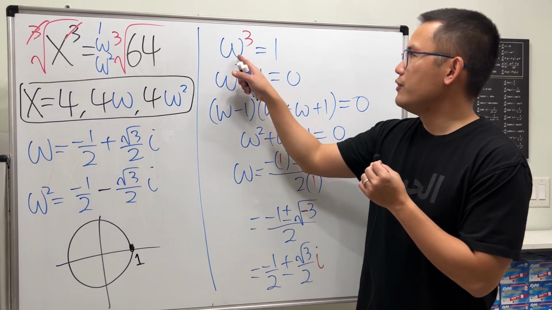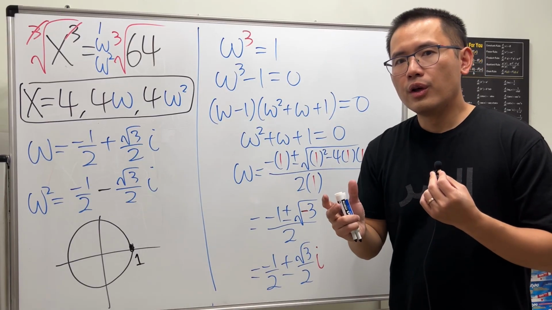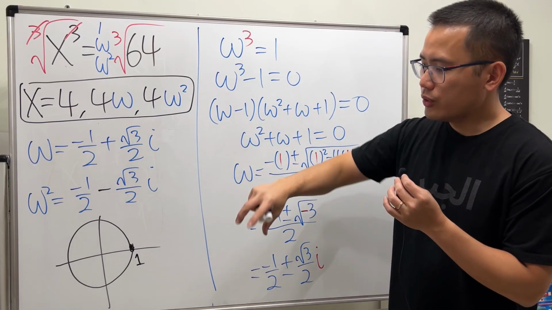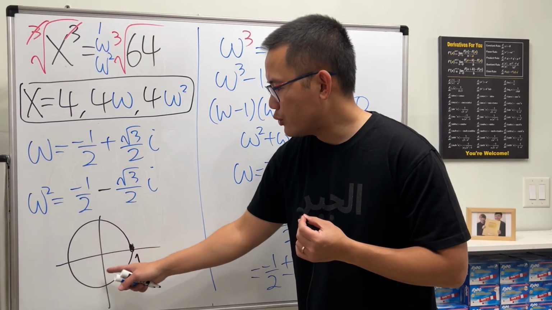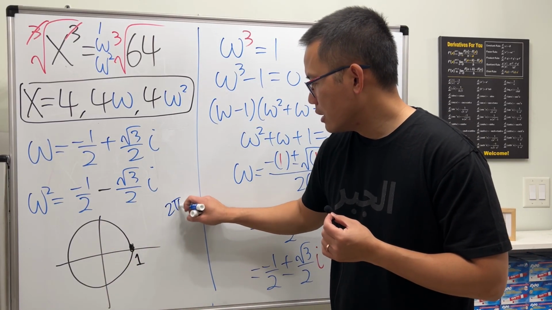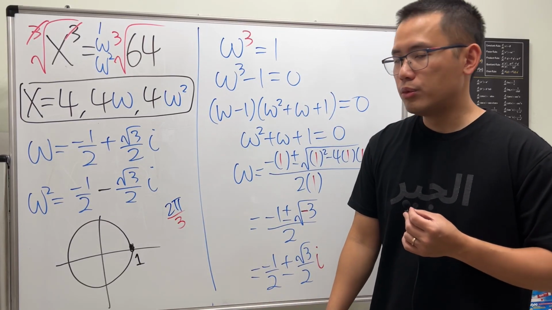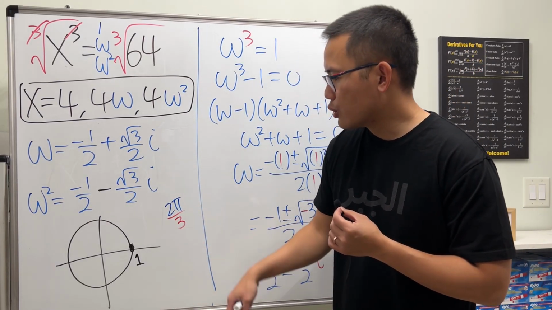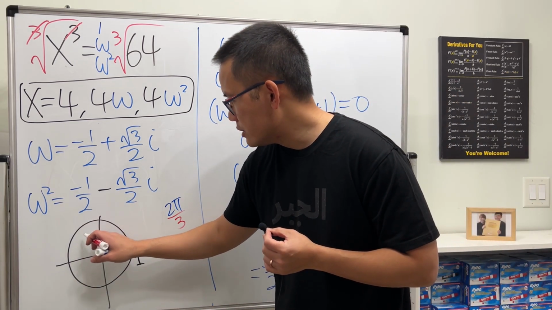The idea is that if you have something cubed equal to 1, you have to think about what's the place that you rotate 3 times and end up with 1. So you can just divide 2 pi into 3 pieces. So you're looking at the angle 2 pi over 3, which is 120 degrees, 360 degrees divided by 3. 120 degrees is somewhere right here.